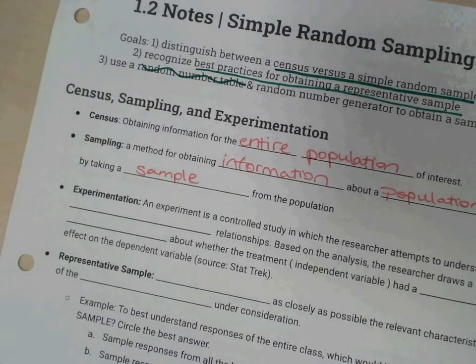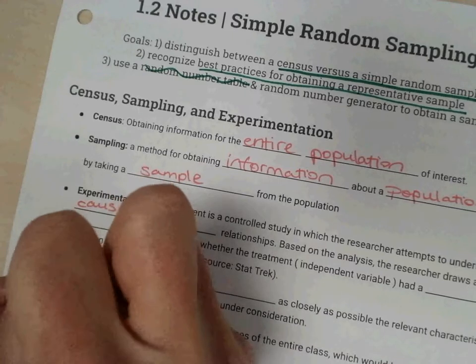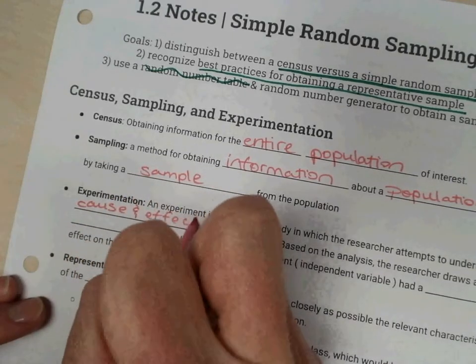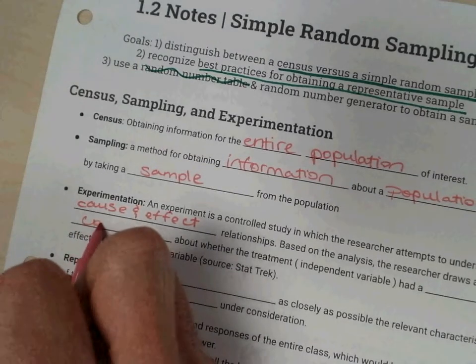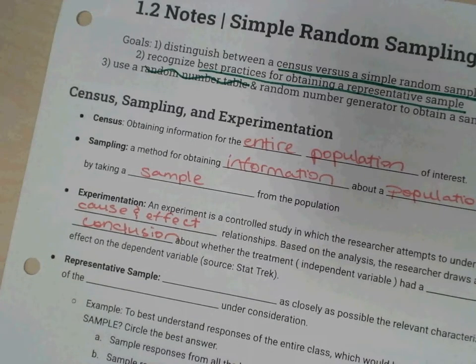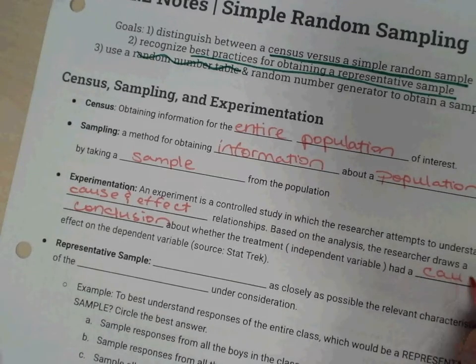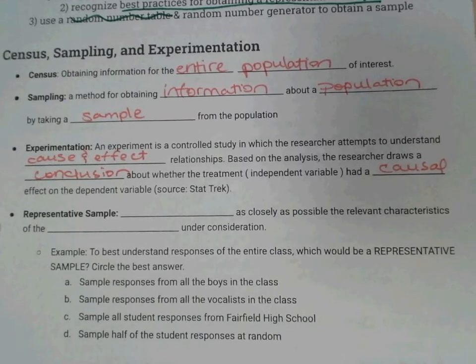Good. Experimentation then. An experiment is a controlled study in which the researcher attempts to understand cause and effect relationships. Based on the analysis, the researcher draws a conclusion about whether the treatment, aka the independent variable, had a causal effect on the dependent variable.